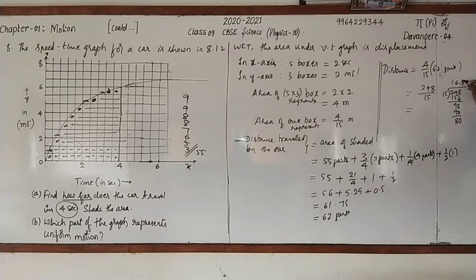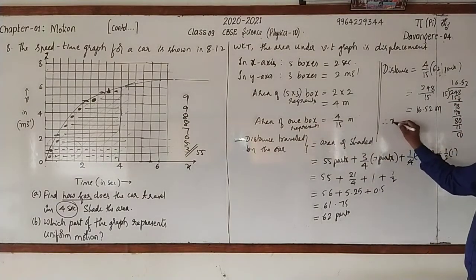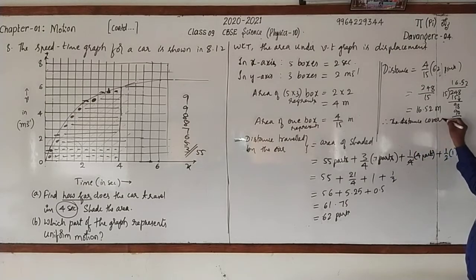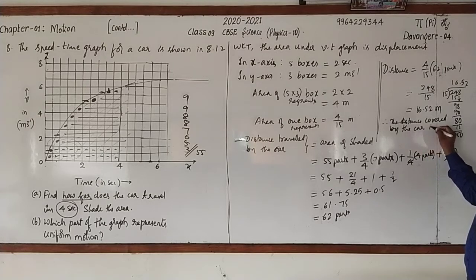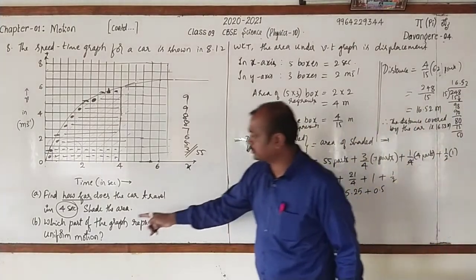Again 15 5s are 75, 5 will remain, again take 0, 2s, it is 16.52 meter. Clear? So therefore, the distance covered by the car is 16.52 meter.